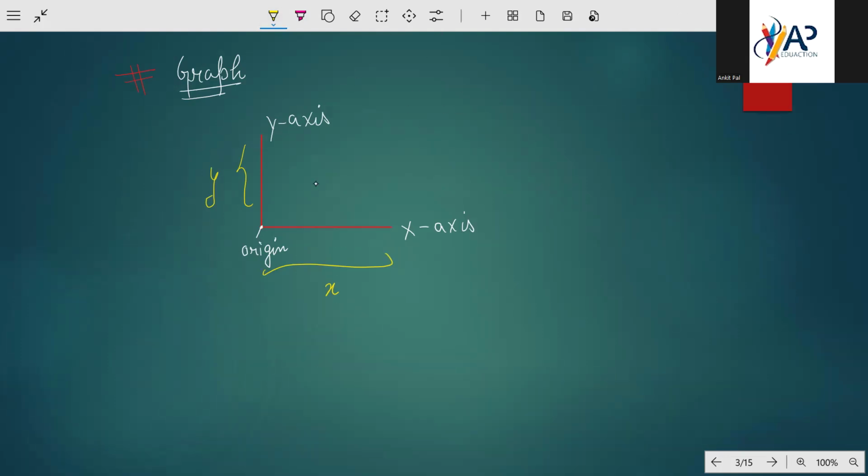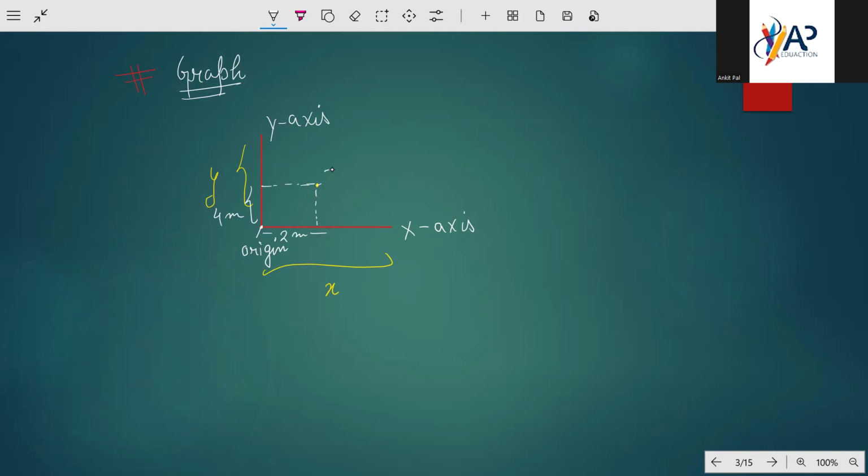Suppose that we have this point, a coordinate. Suppose that x is 2 meter and this is 4 meter.